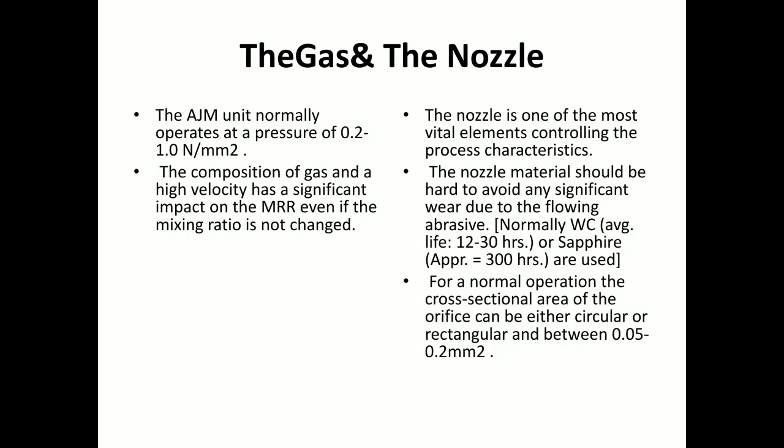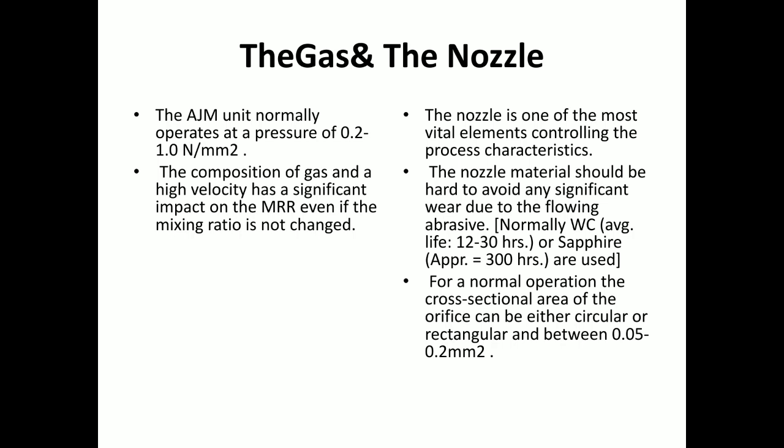The nozzle is one of the most vital. Now coming to the third process parameter: the first one was abrasive, the second one was gas, and the third one was nozzle. And nozzle is one of the most vital elements controlling the process characteristics. The nozzle material should be hard to avoid any significant wear due to the flowing abrasive.